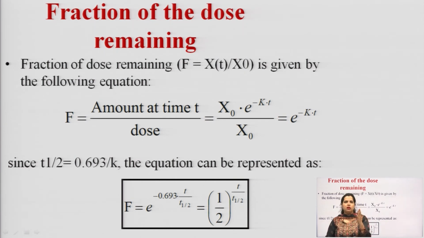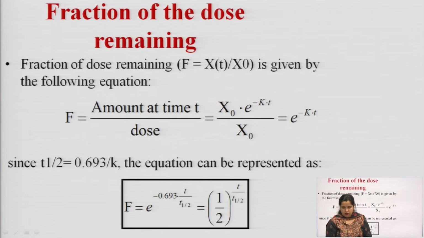This can be represented in this particular formula, and T half is equal to 0.693 by K. After putting 0.693 by K instead of T half, we can have this equation for fraction of dose remaining. Using this we can calculate F is equal to half raised to the power t divided by T half. So, using this formula we can calculate fraction of dose remaining.